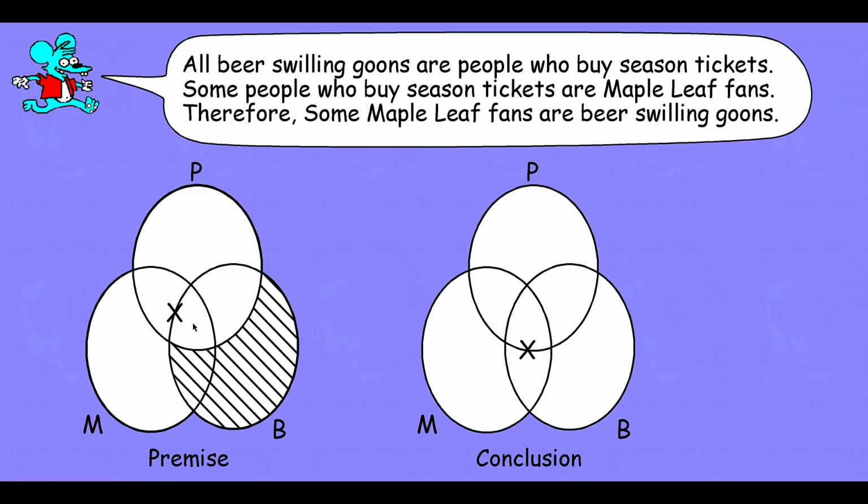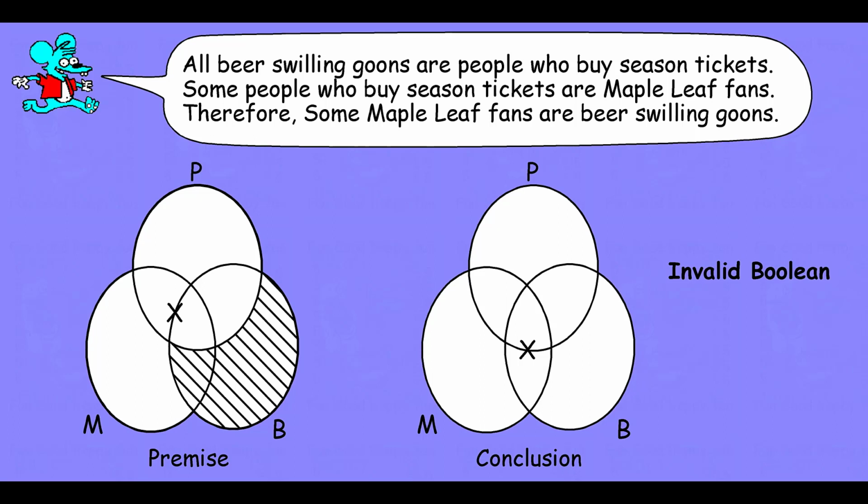As a result, it's possible for the premises to be true without guaranteeing the conclusion is true. That would be the case if this was just over there. So it's possible for my premises to be true without guaranteeing my conclusion is true, and that makes this argument invalid in Boolean logic.